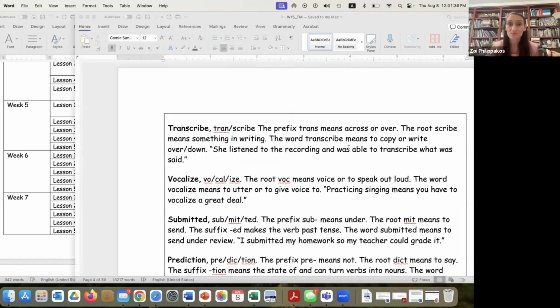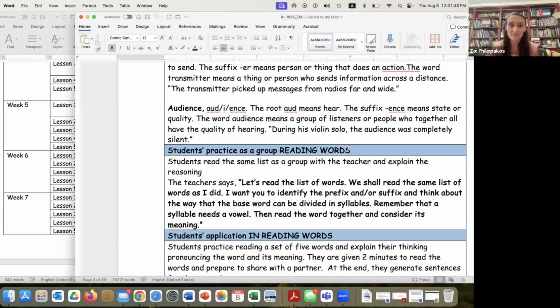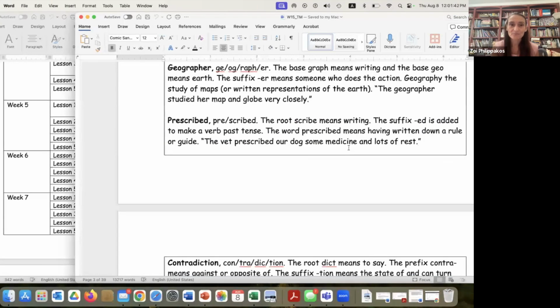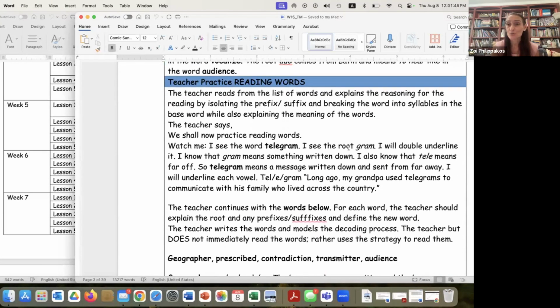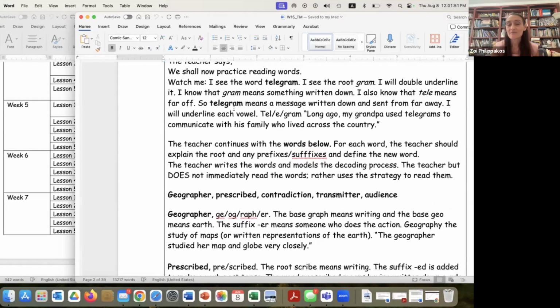meaning. So in the section that will be the student application, the teacher practice, the teacher will explain the word. So I see this word, and the teacher doesn't read the word, but writes the word. I see this word.